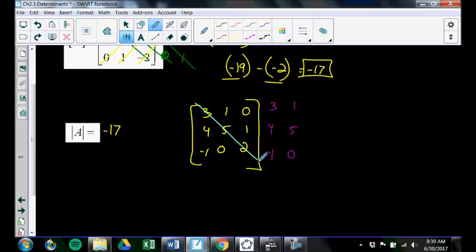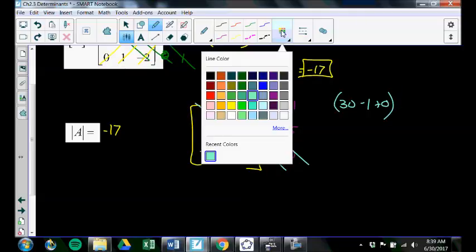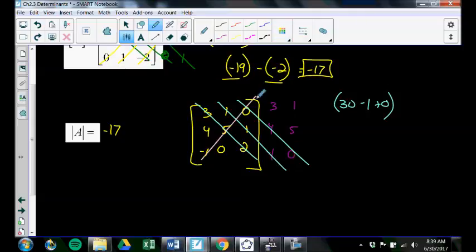But there's 30, -1, and 0. There's my downhills. Now I'll do the uphills. There's -5, 0, 8.